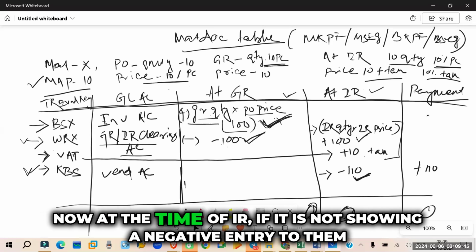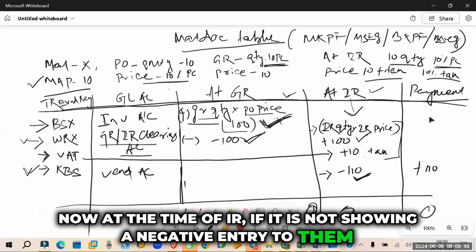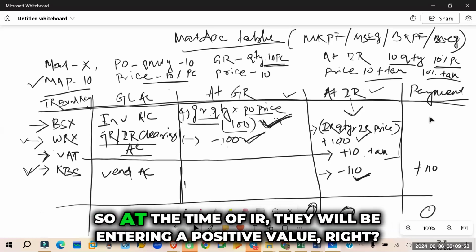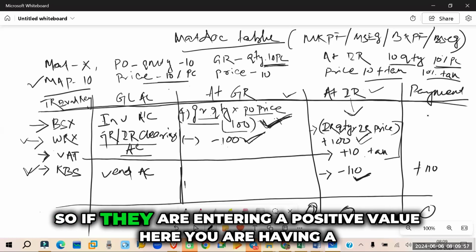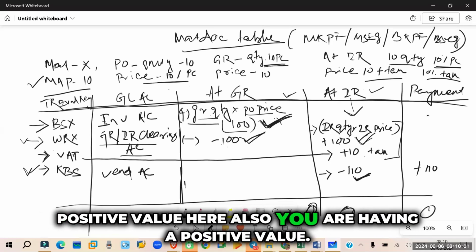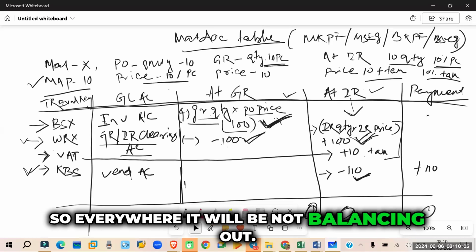Now at the time of IR, if it is not showing a negative entry to them, they will again be entering a positive value. So here you have a positive value, here also you have a positive value, so everywhere it will not balance out.